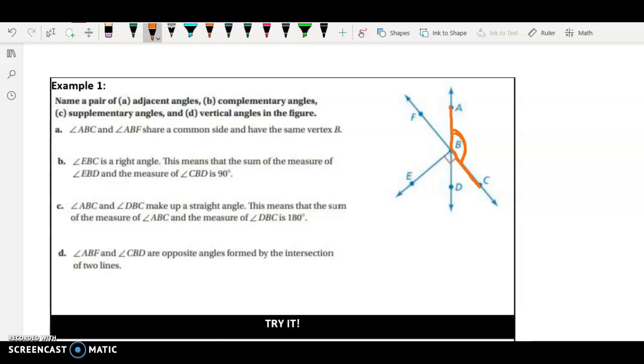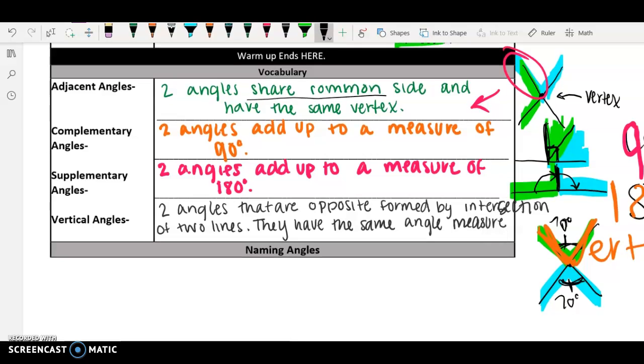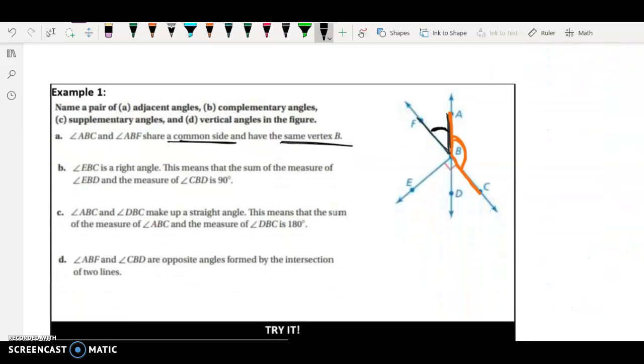And then it said ABF. So now we're going to start at A. I'm going to switch colors. ABF. So this angle here. They share a common side and have the same vertex. So according to our definitions up top, these are adjacent angles.